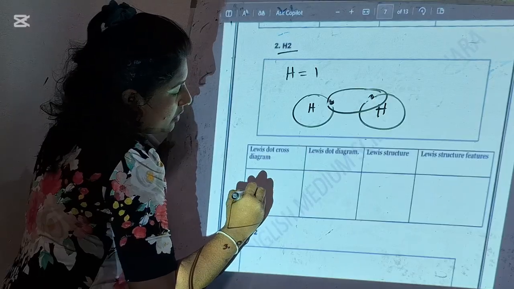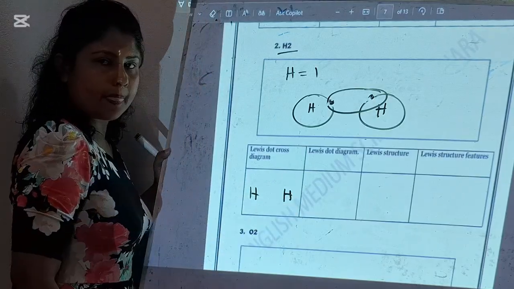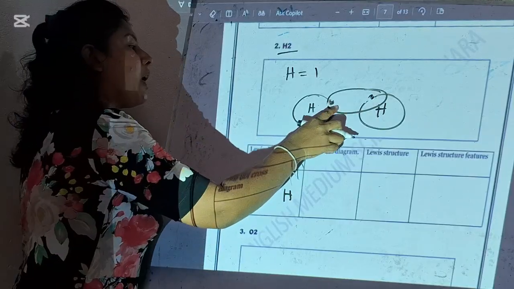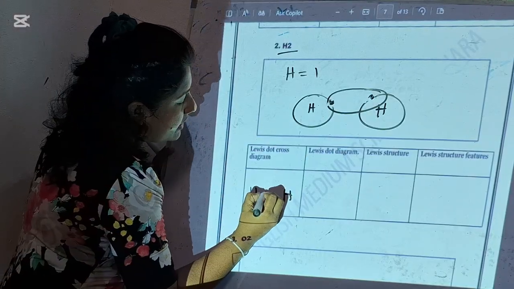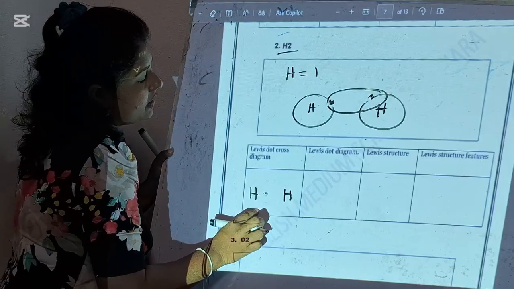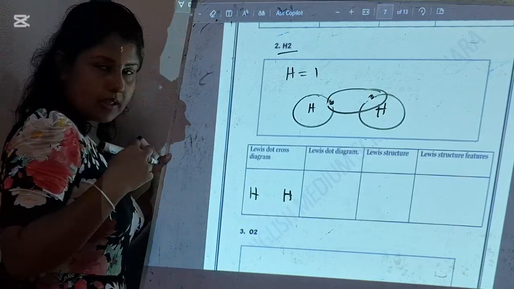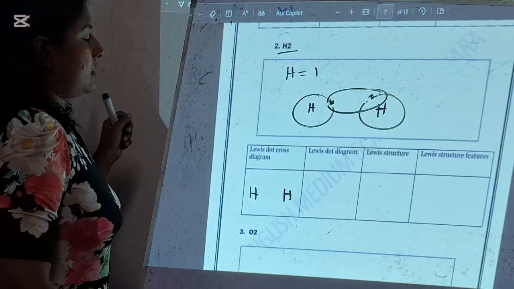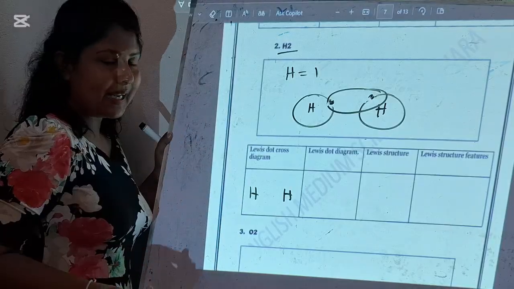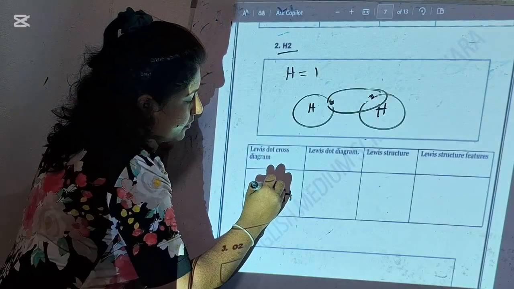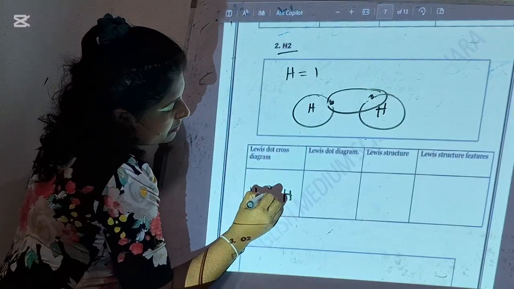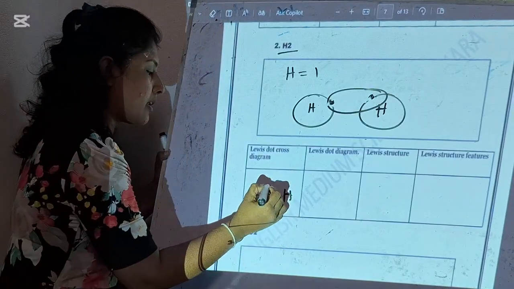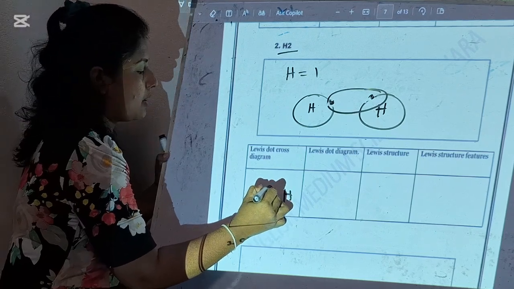Take 2 hydrogen atoms. If one of the hydrogen atoms provides a dot, the other atom should provide the electron as a cross.